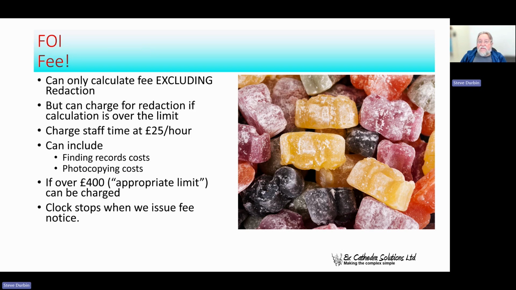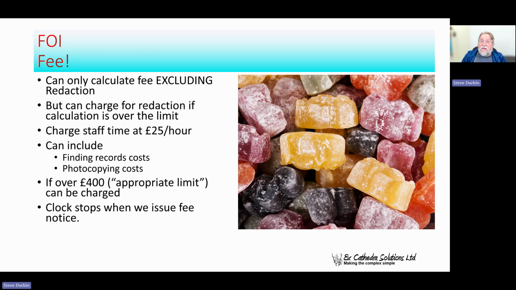So that means if it's over 18 hours, because £400 is the appropriate limit, then it's going to be a fee. You can include things like finding record costs and photocopying costs, but they can't be excessive. So you need to look very carefully at whether you're doing things and filing things correctly.